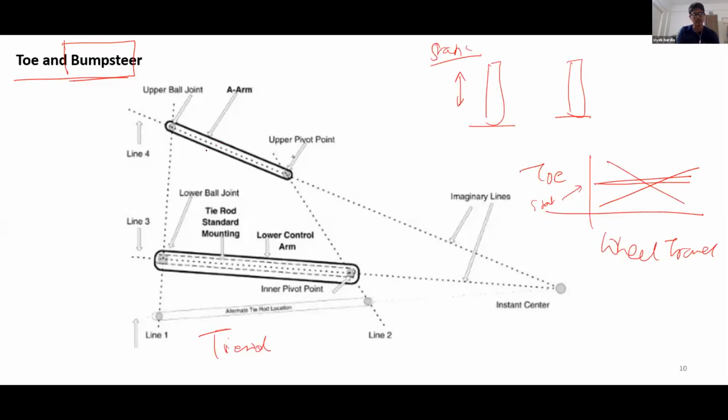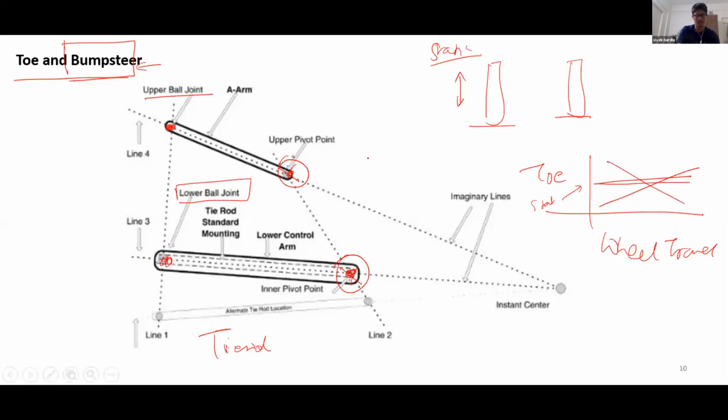This is the upper ball joint. This is the lower ball joint. The upper ball joint and lower ball joint are connected to the chassis at these points, and these are my ball joints at these ends. So by placing the tie rod correctly, you can avoid bump steer.